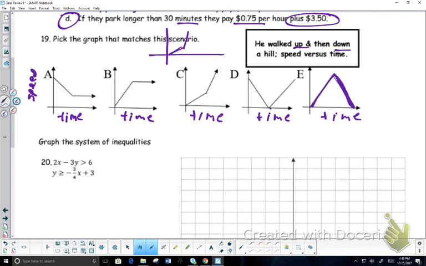This one talks about I start off going some speed, going up the hill I slow down, I come to a stop, and then I go up a hill, and there's nothing really that talks about going to a stop. This one looks like, okay, I start walking up a hill, and this is my speed, and then I reach going downhill and my speed increases. So this is the one I'd lean toward going with.